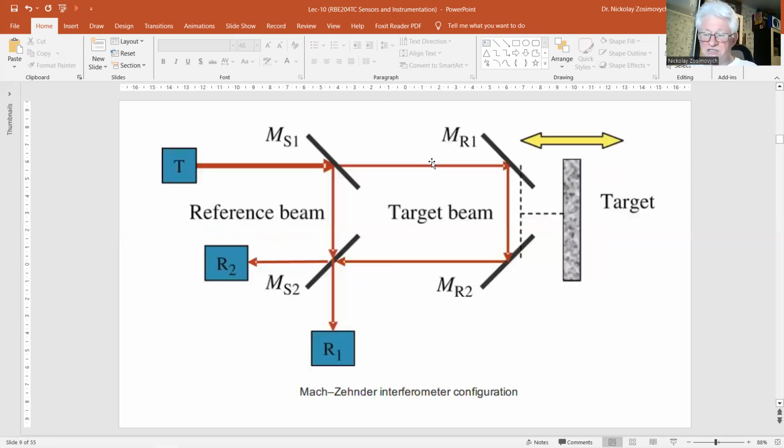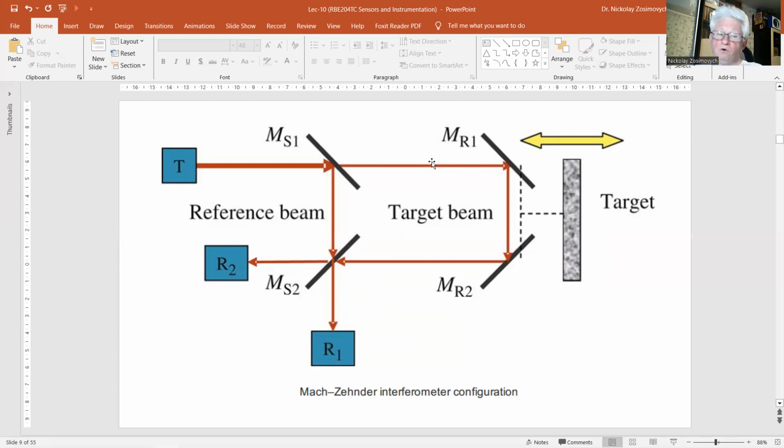In the configuration of this figure, such feedback is eliminated by using an extra beam splitter. This type of interferometer is referred to as the Mach-Zehnder interferometer. Originally designed for the investigation of the properties of transparent samples, it can also be used for displacement measurement.